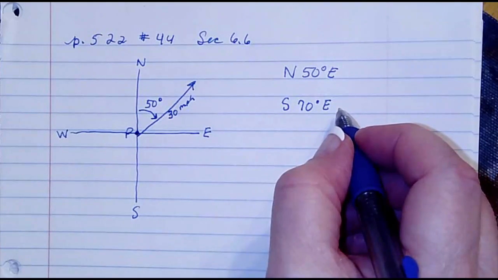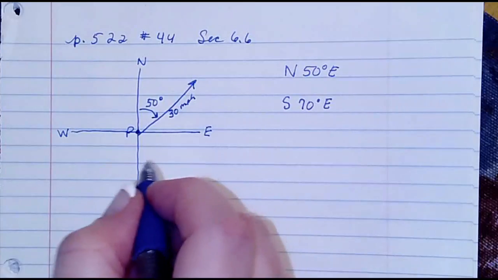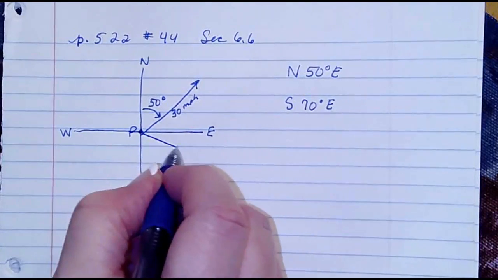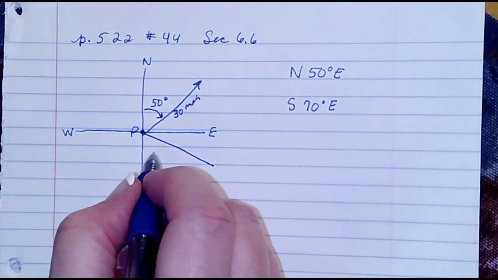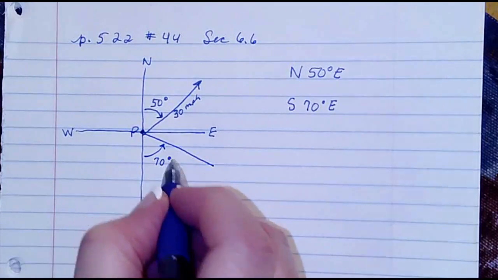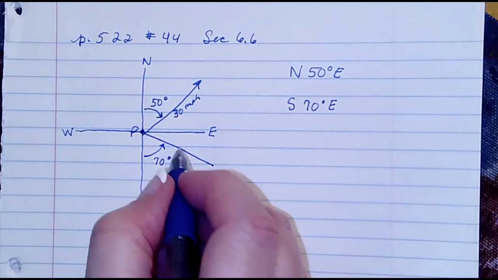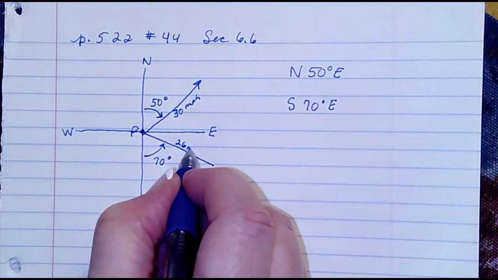Where would south 70 degrees east be? Well, we're going to go from south towards east again, so it's still going to be over here. So we're going to draw our line in. So south to east would be our 70 degrees. Now it says that this one was going at a speed of 26 miles per hour.